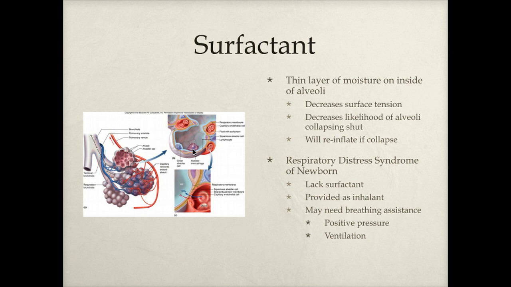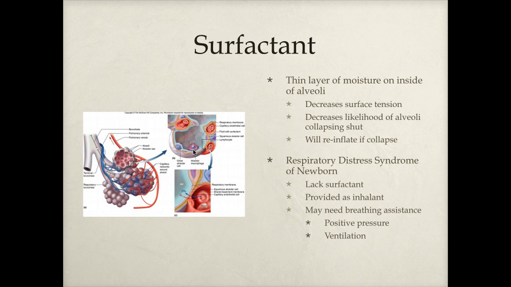So if a baby's born prior to that time, the lack of surfactant makes it much more likely that the alveoli are going to collapse. And when the baby takes the next breath, it's going to take a ton of effort to try and reinflate those alveoli that are stuck together, because it's lacking that surfactant. So this is very exhausting for a premature infant. It takes tons of energy.